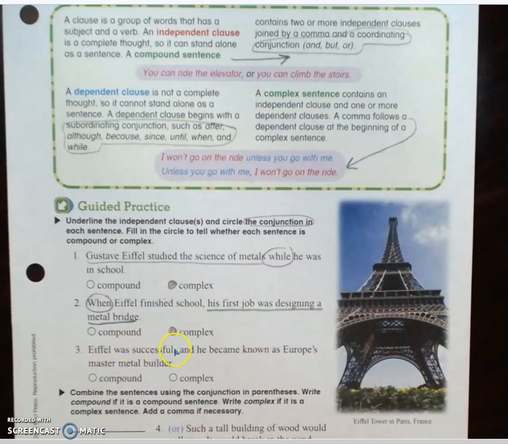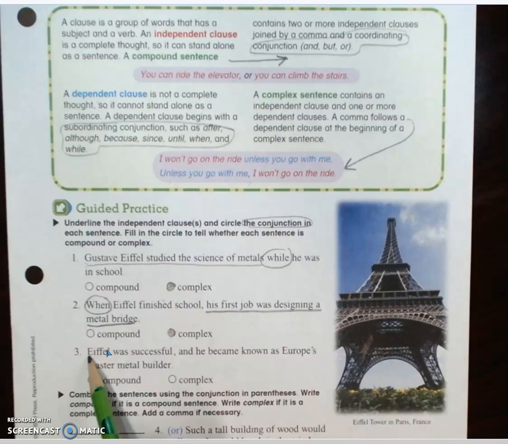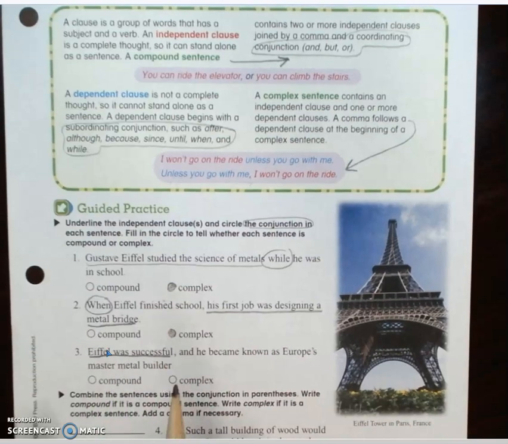Just because this clause right here is short does not mean that it's not independent. Eiffel was successful. This right here is the independent clause. It is a complete thought. Okay, so we're going to underline Eiffel was successful.